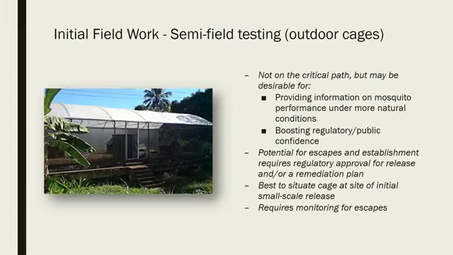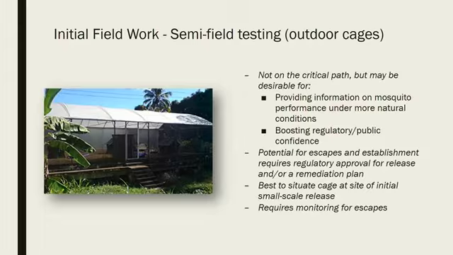So this is a semi-field site, and what it effectively is, is a large greenhouse, where you can do releases under controlled conditions. But even then you need to be concerned for escapees, whether accidental or otherwise.